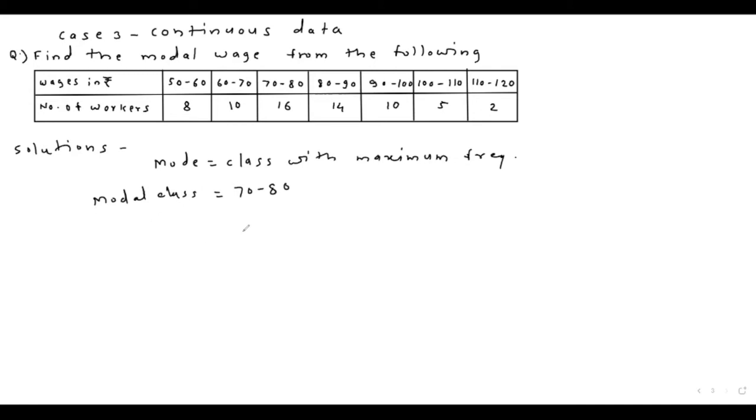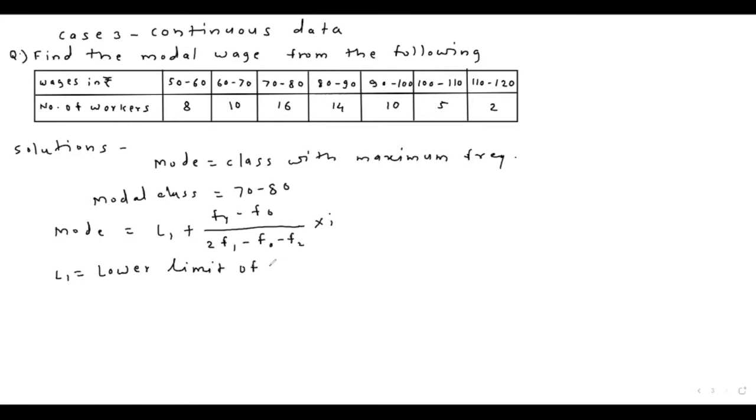To find the value of mode, we have the formula: mode is equal to L1 plus (F1 minus F0) divided by (2 times F1 minus F0 minus F2), into I. Over here, L1 is nothing but the lower limit of the modal class.